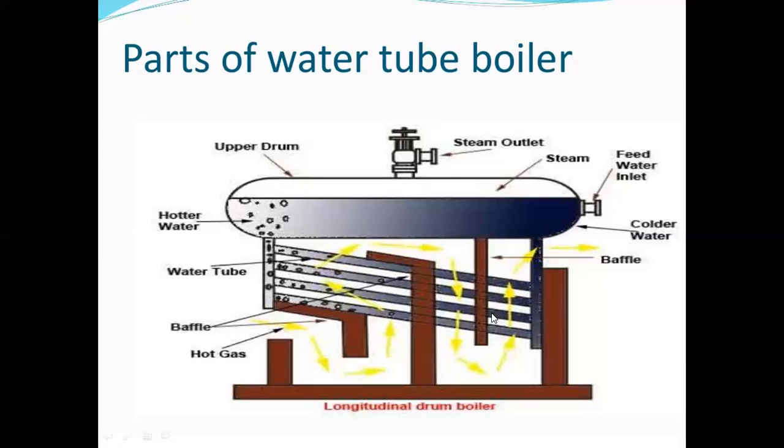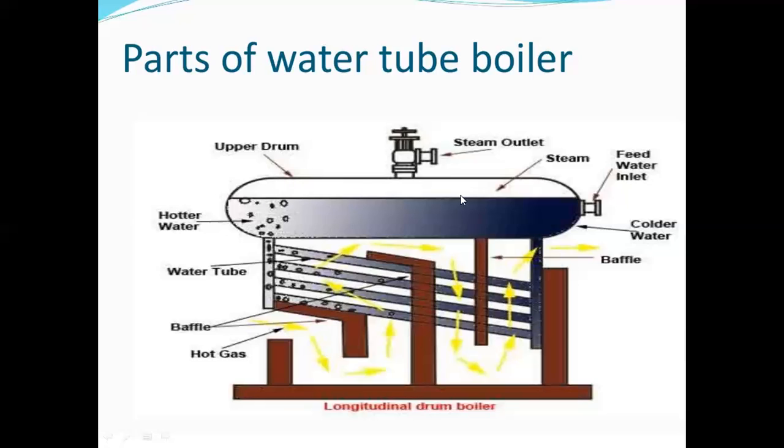By traveling through the tubes, its temperature increases by absorbing heat from the hot gases surrounding the tubes. At the uptake header, the water converts into steam, and through the uptake header we collect the steam.